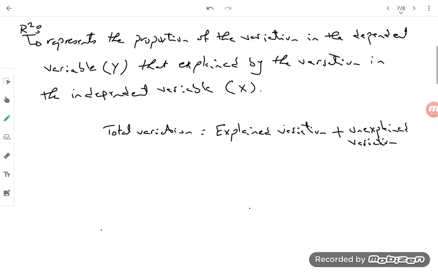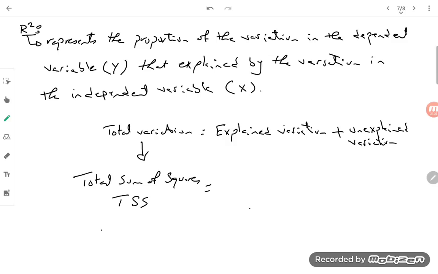We are going to use different names than total variation and explained variation. So total variation will be known as total sum of squares, TSS.